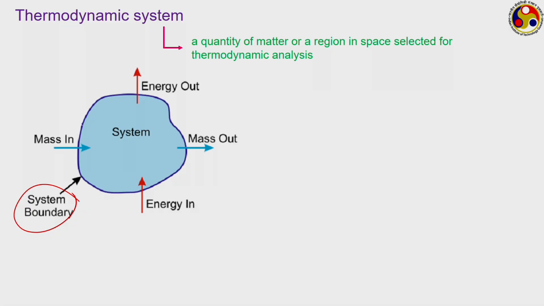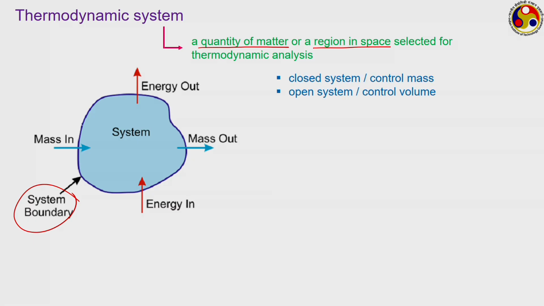So, immediately you can see that from the definition of the thermodynamic system, we can probably have two kinds of system: one, a quantity of matter, or two, a region in space. Accordingly, systems are classified into two classical categories: closed systems and open systems. Closed systems refer to a quantity of matter, where we are talking about a fixed amount of mass, and therefore, we often call them control mass.